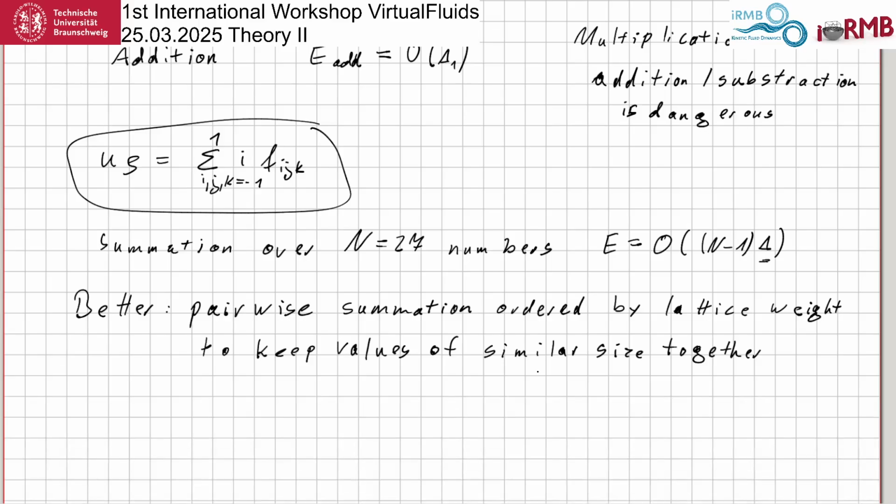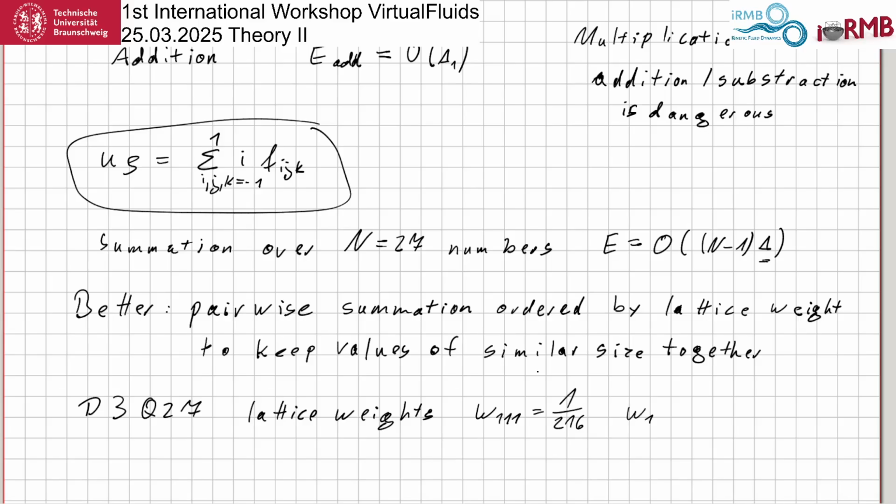For the D3Q27 lattice that we are using, the lattice weights are as follows. We get the ones that are related to 1, 1, 1, right? It does not matter whether it's 1 or minus 1. All that have the same number of nonzero indices have the same weight. So W111 is 1 over 216.